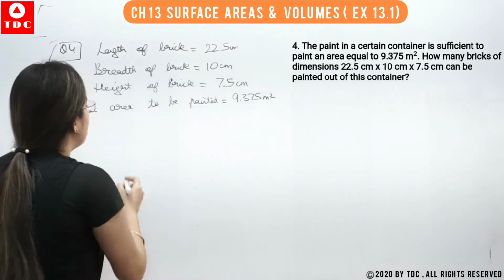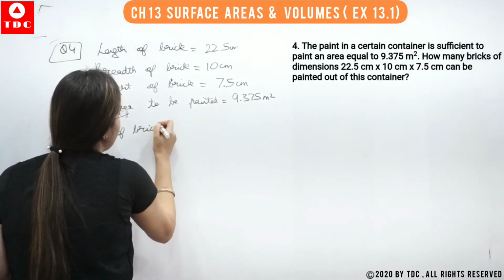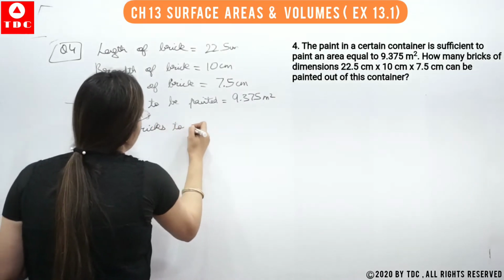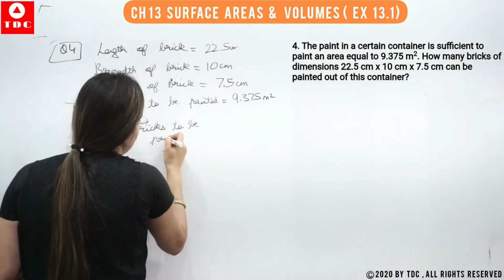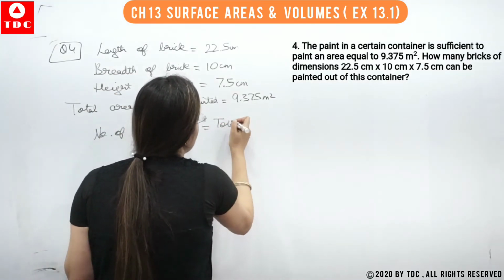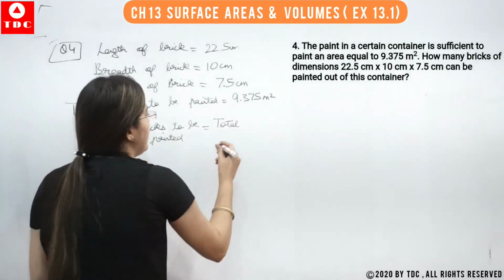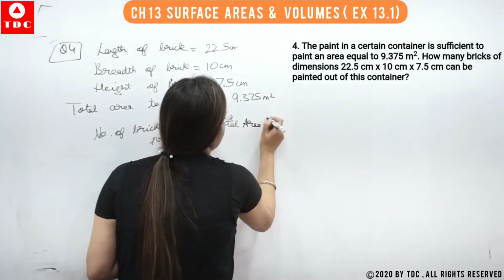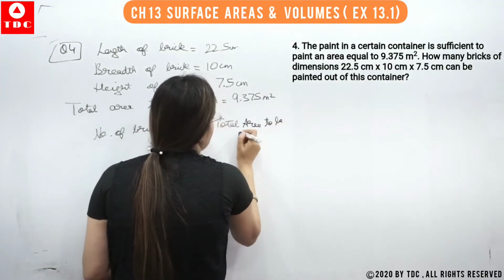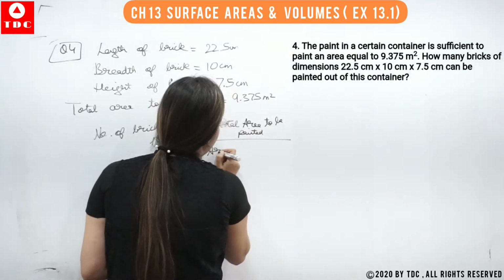Now, to find out the number of bricks, what formula will we use? The number of bricks to be painted will be equal to, like we have done just now when we calculated the area of 4 walls, the total area to be painted upon the area of 1 brick.